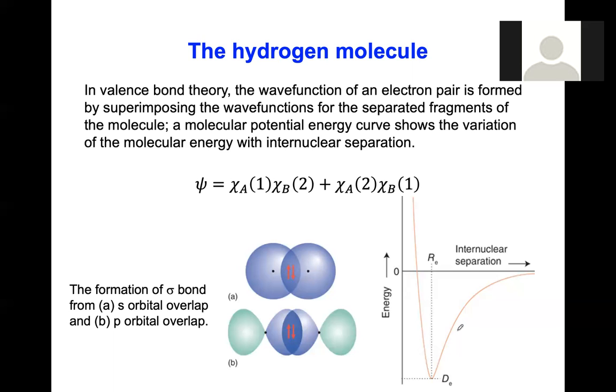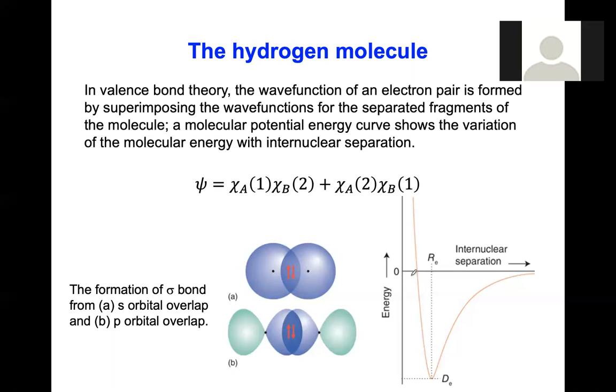Don't worry about this figure. But the basic idea is that when you vary the distance between these two hydrogen atoms, you will see how the energy of this molecule changes. When they are too close, you have relatively high energy, because of the repulsion between the positive nuclear charges, which makes the molecule not stable.